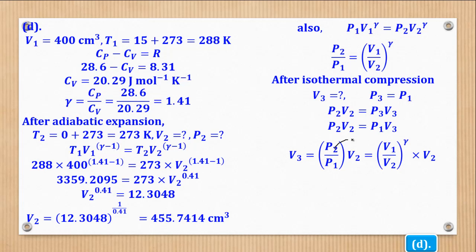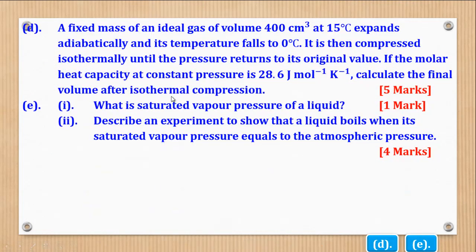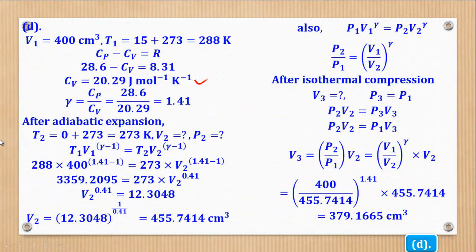So substitute for this here, and now I can get V3. So that is V3. So they ask for final volume only. Meaning that's the answer they wanted.